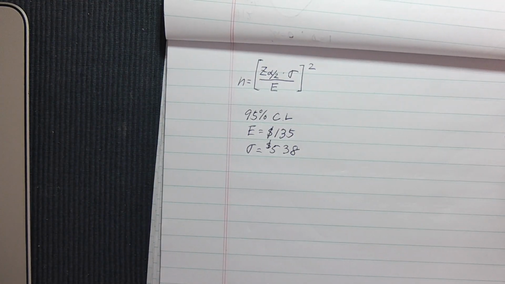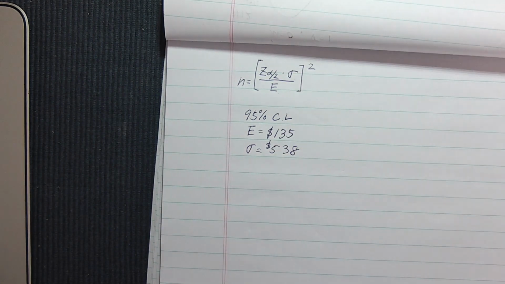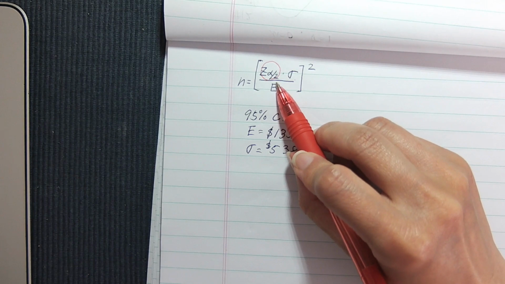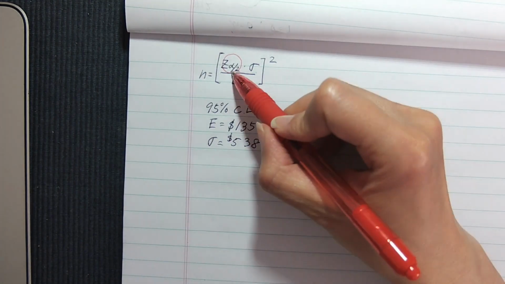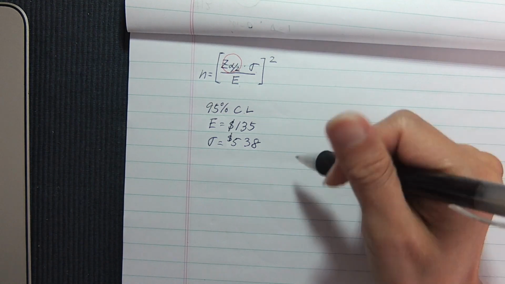Now everything is ready, right? E is ready. Standard deviation is ready. The only number I need is Z alpha over 2. How do you find that number? This is the Z score of the 95%. Do you remember?